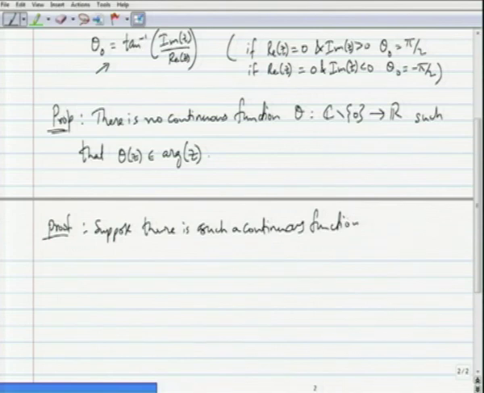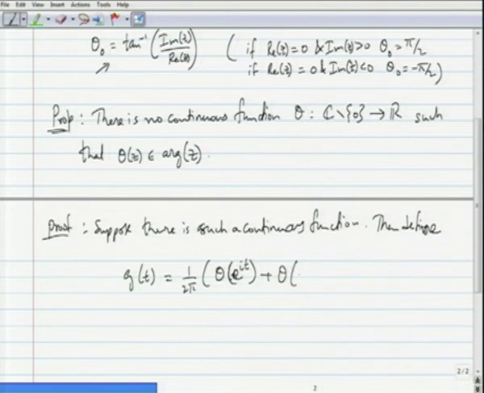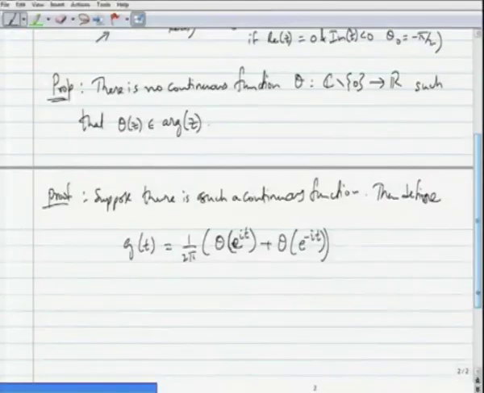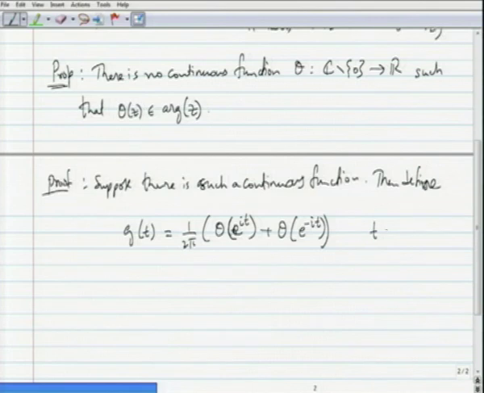Define g of t equal to 1 by 2 pi times theta of e power I t plus theta of e power minus I t, where t is any real number.